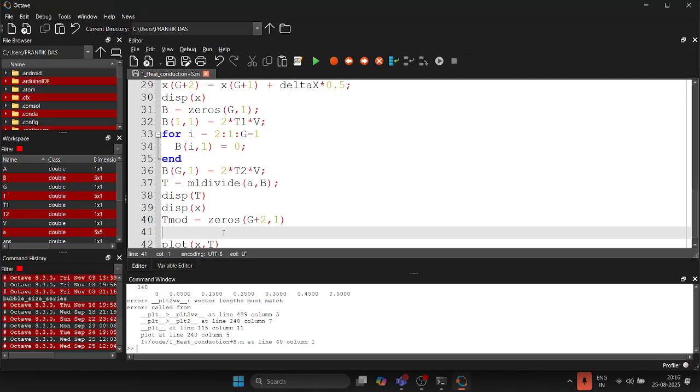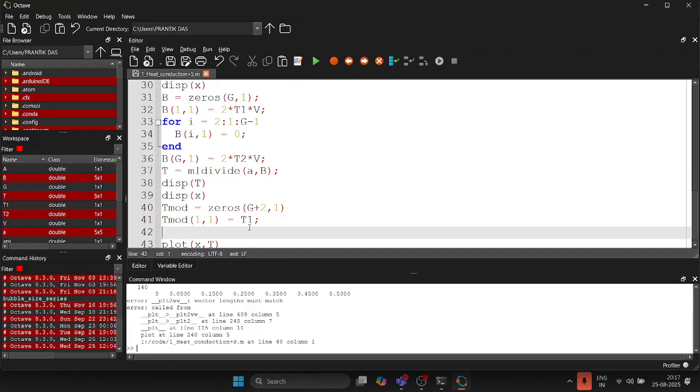So it's a null matrix of dimension G plus 2 comma 1. Okay, so T mod 1 comma 1 is equal to T1, and T mod G plus 2 comma 1 is equal to T2.